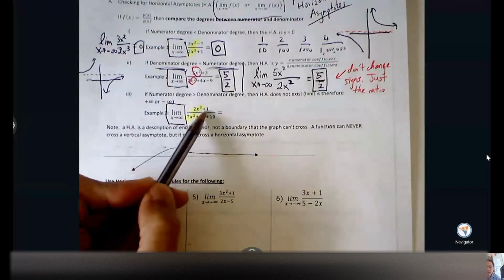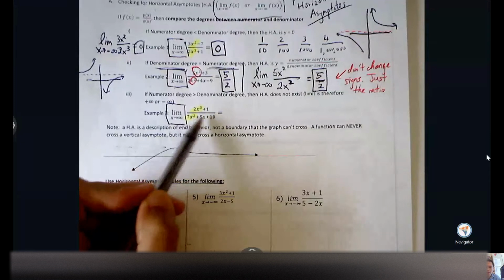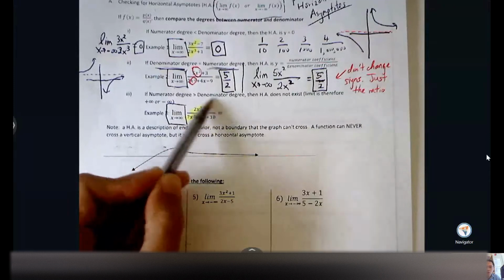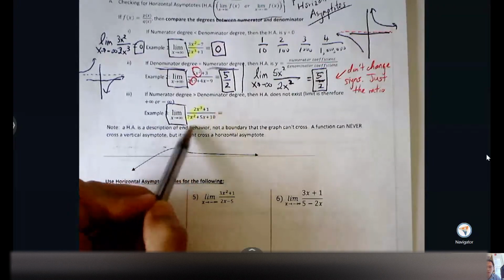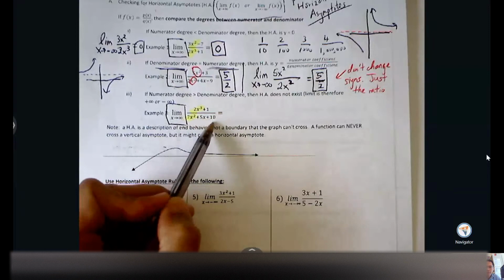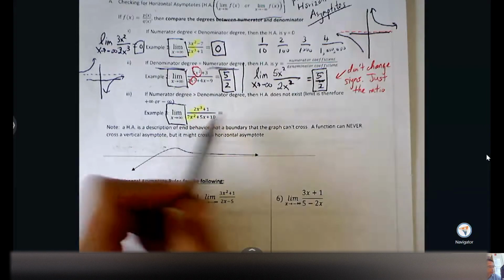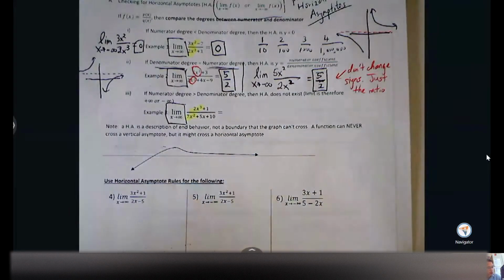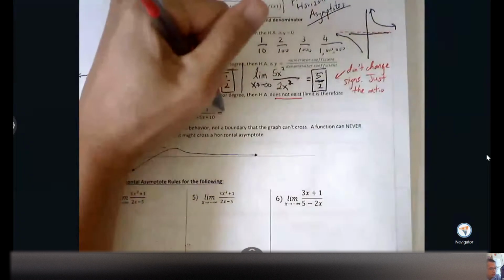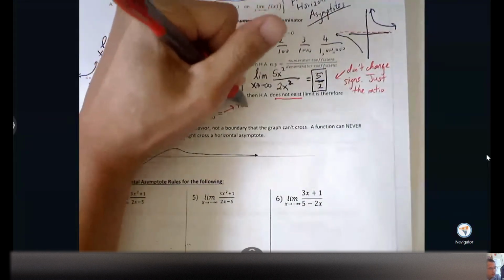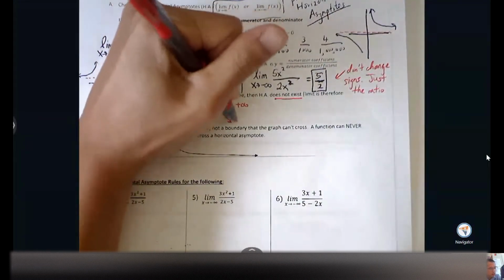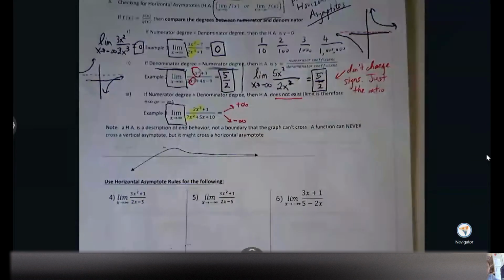So what that's saying is that if my numerator is growing at a faster rate than my denominator, then this overall fraction is getting larger and larger towards infinity. But when we talk about infinity, we have two options. The limit doesn't exist, but we have two options. It's either rising to positive or falling to negative infinity.